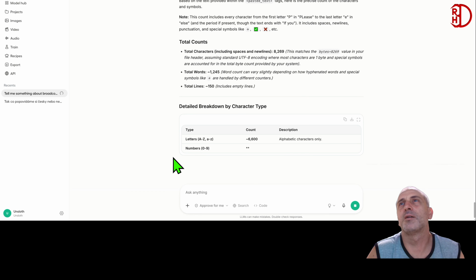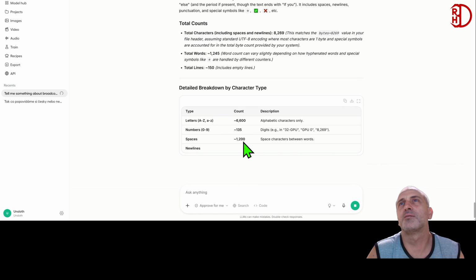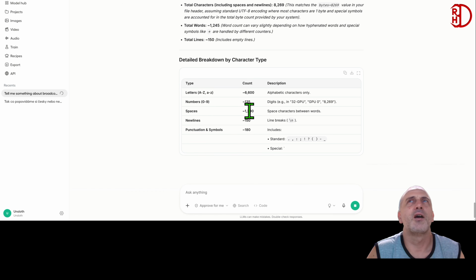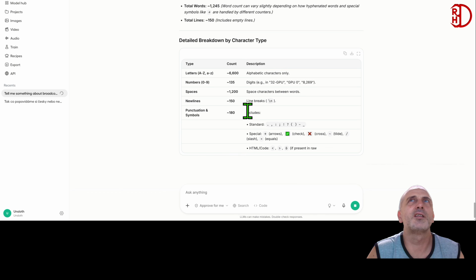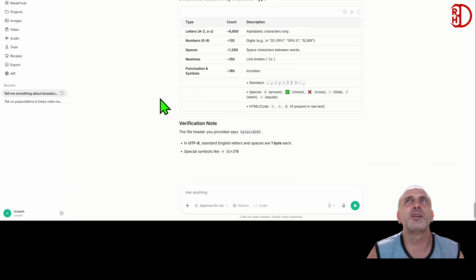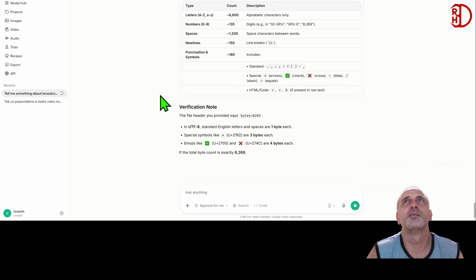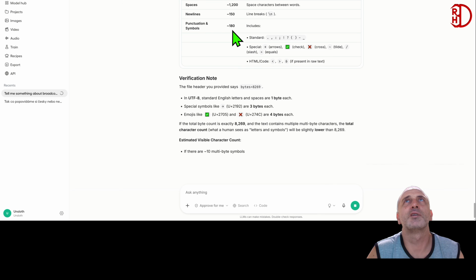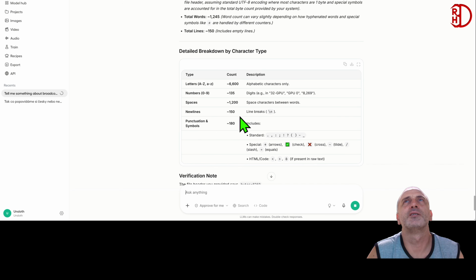Did I copy correctly? 6,600. How is it possible he has now more digits than before when he has shorter text? Includes 180. Okay.